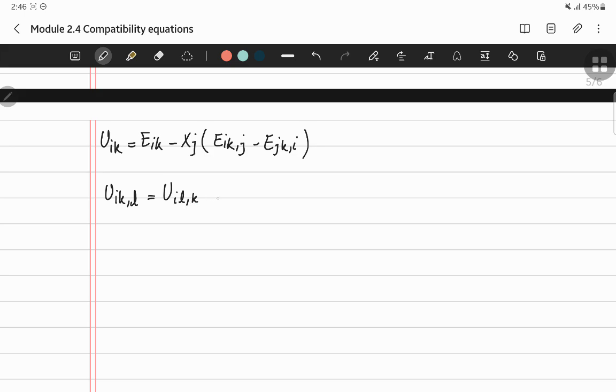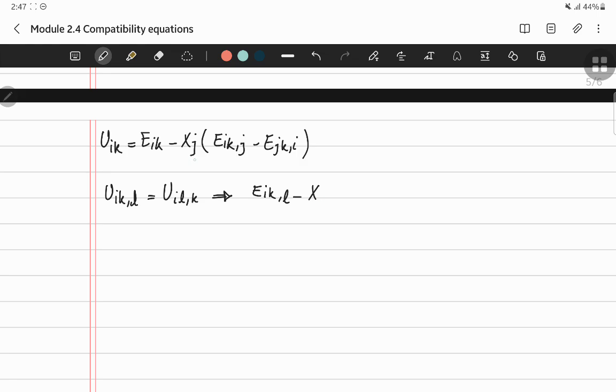So if I do this, what I get is e_ik minus x_j e_ik, so let me just do this at the same time. So I have e_ik,l minus x_j.